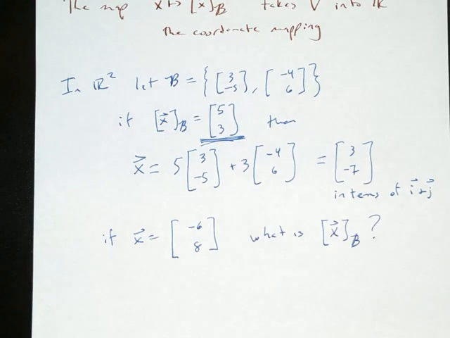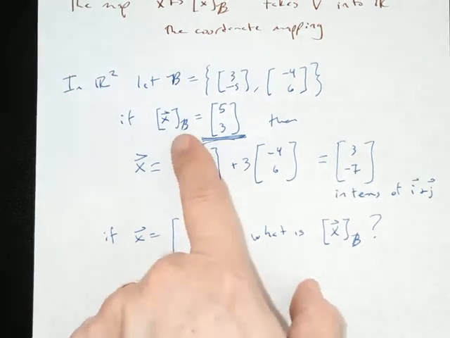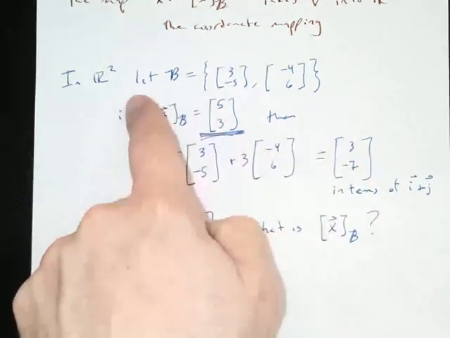If I tell you up front that I have the vector -6, 8 in the standard basis, how do I get its representation in the other basis? But that was where I told you that this was the coordinates, right? That was the coordinate vector. This time I'm giving you this end. How do we get back there?